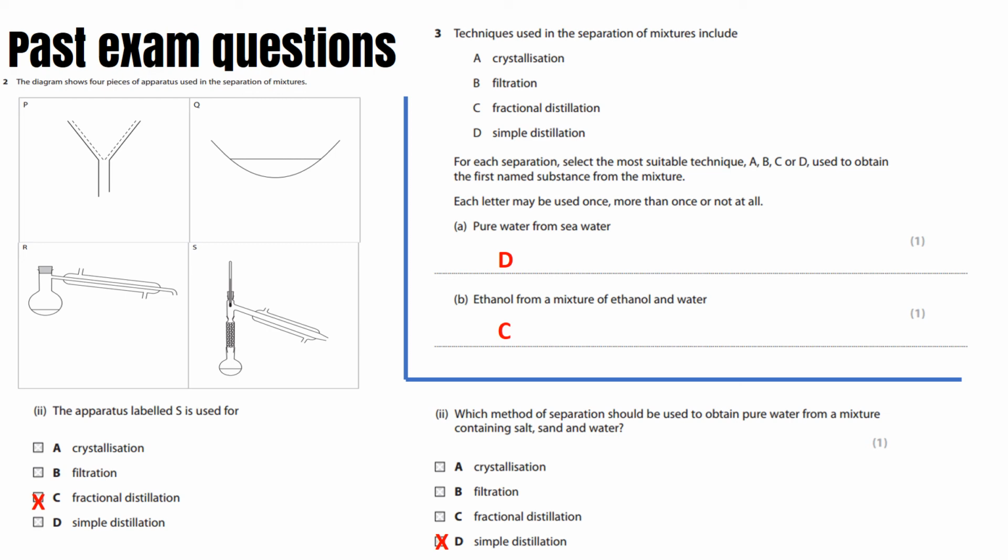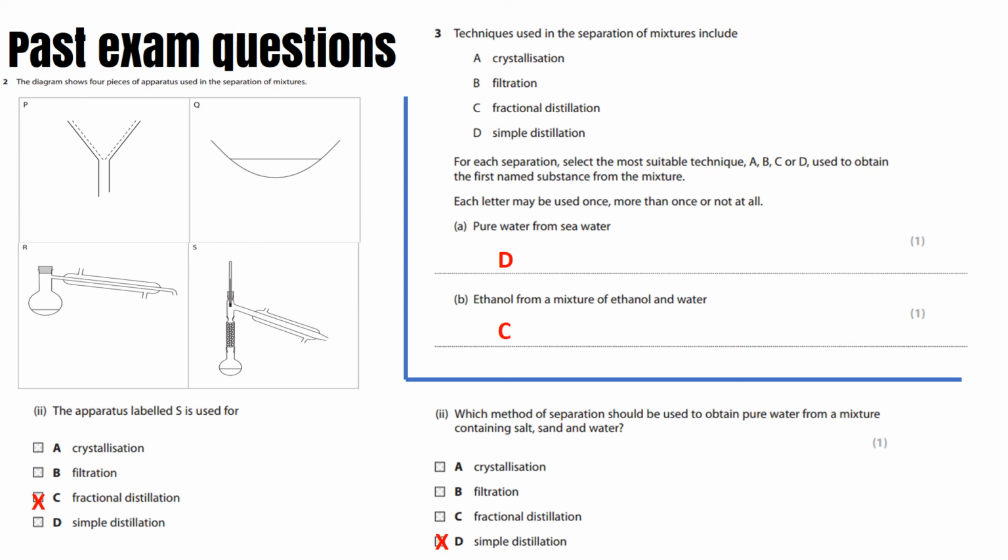So don't just go in guns a-blazing, because if question 3A had been seawater or salt from seawater, it wouldn't have been simple distillation, because we would have been getting the salt out of it, not the water. So even though I've always said to you that salt water is an example of simple distillation, it's only when you're getting the water from the solution.